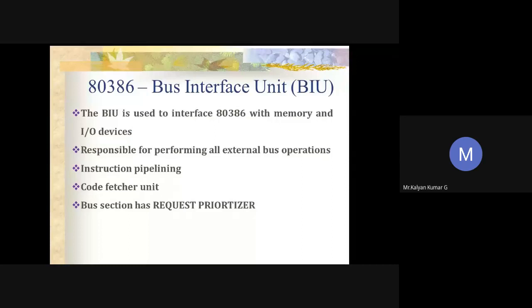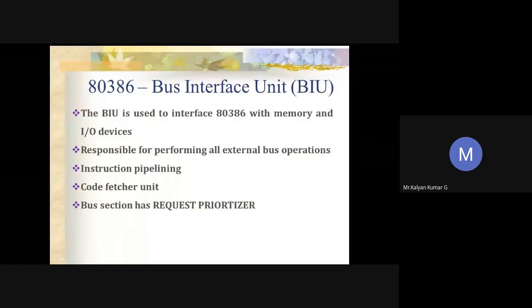Here we have something called a request prioritizer. What do we mean by request prioritizer? This bus control section has a request prioritizer. As the name suggests, it is used to decide the priority of various bus requests.